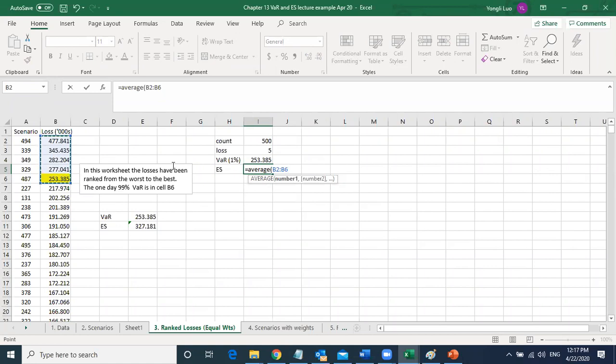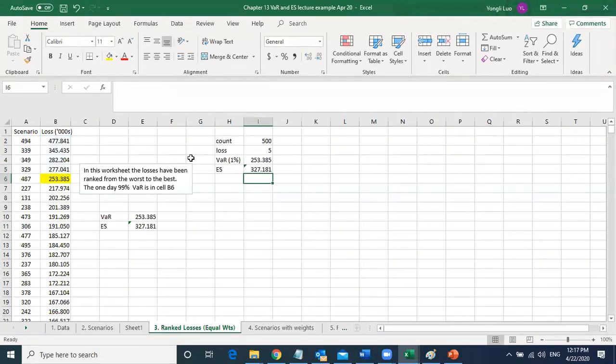So you take the average of the 5 biggest losses. This is the expected shortfall. So your expected shortfall will be 327,000.